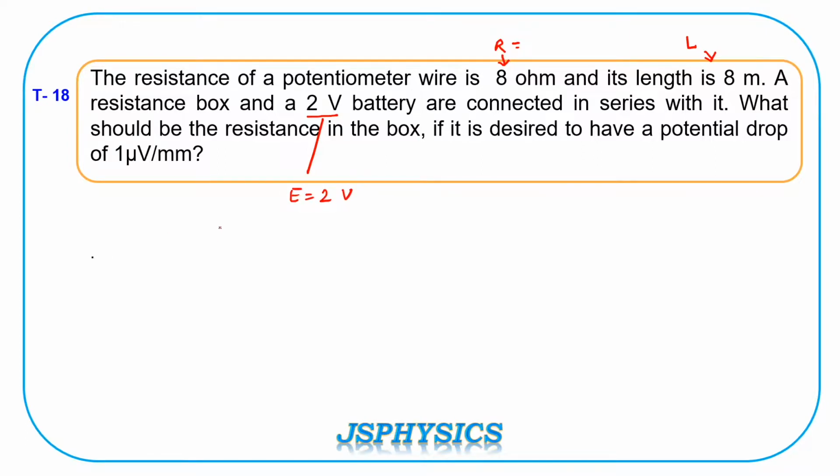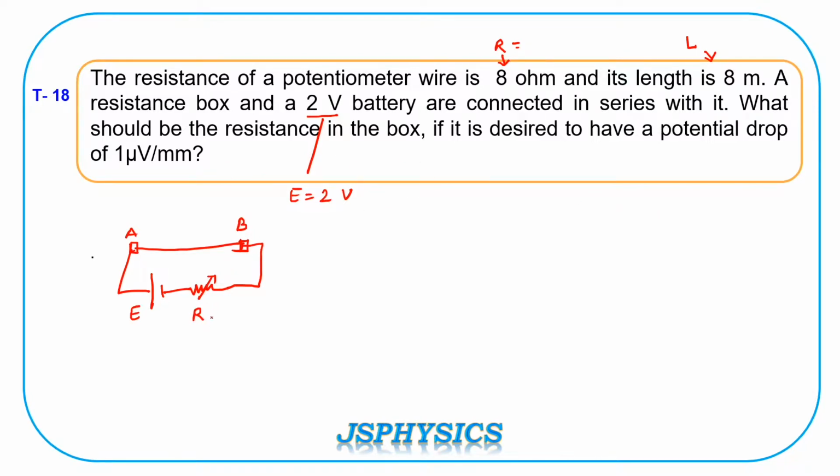That means if I draw the circuit here, it is something like this. This is potentiometer wire AB, and it is connected with a battery of EMF E and some resistance box R in series with it. So what should be the resistance in the box?